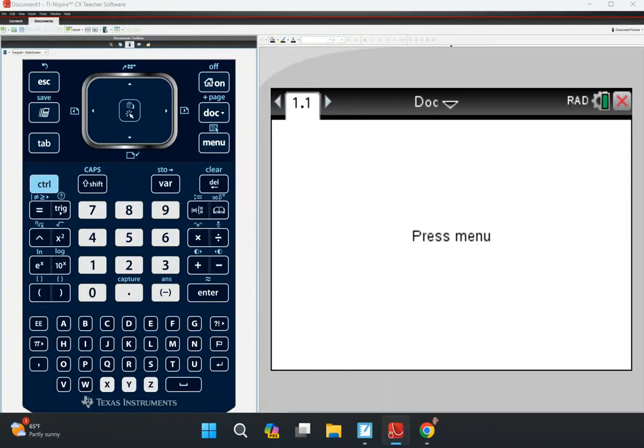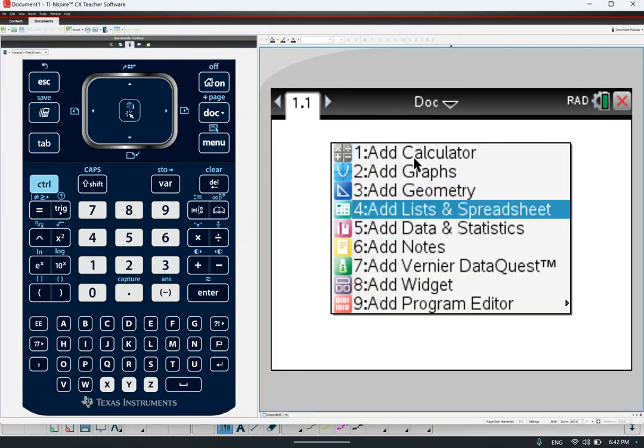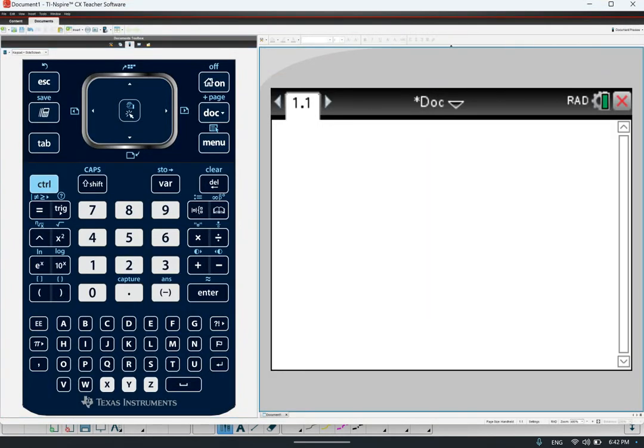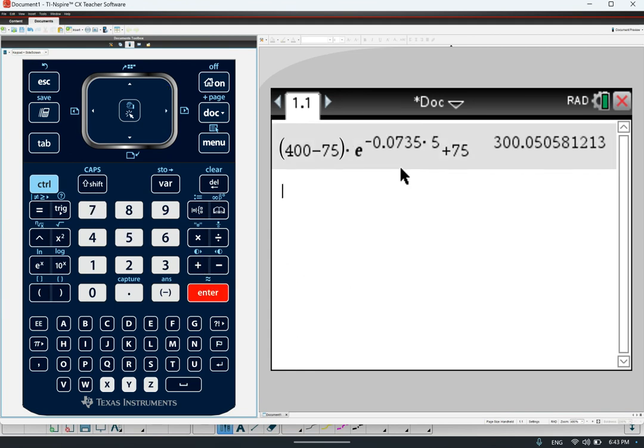So I go into my calculator and I go to a calculator page, and we're going to type in directly as we saw it. So it's going to be 400 minus 75, close the parentheses, E, don't forget the negative sign, 0.0735 times 5, hit the tab so you're not in the exponent anymore, and then it's plus 75.